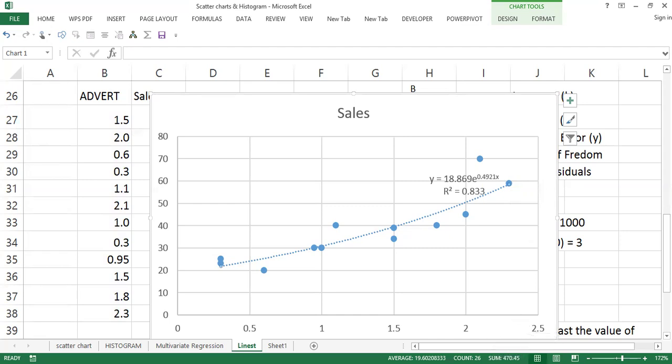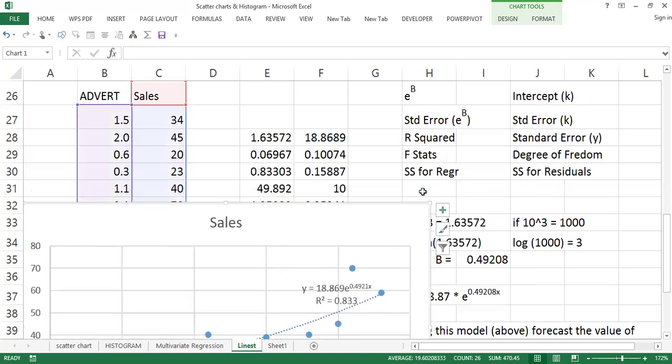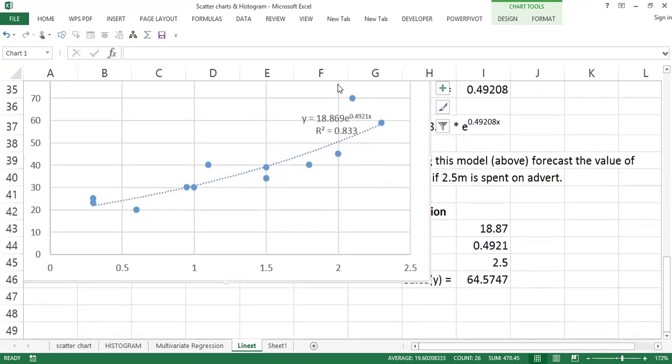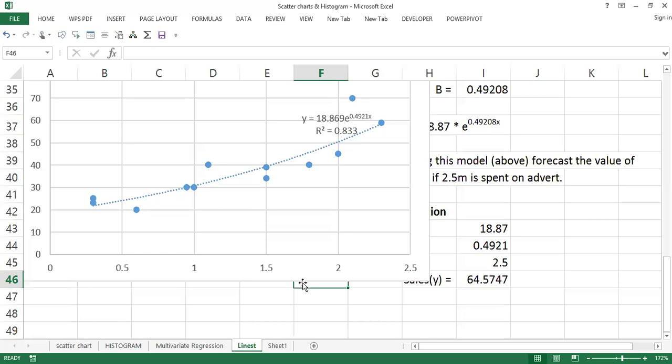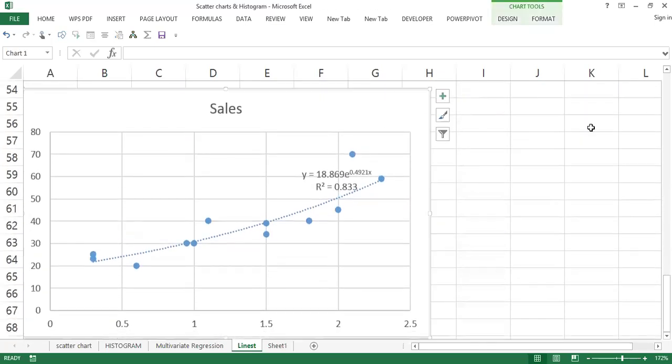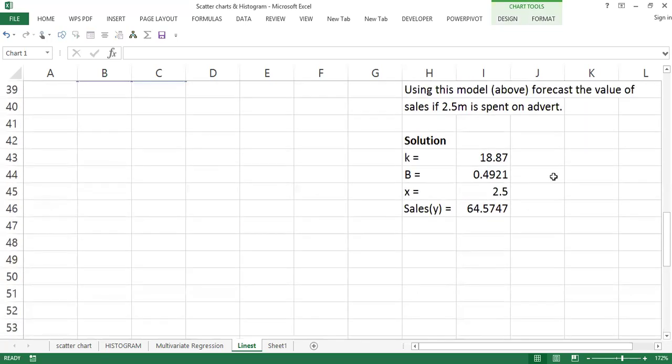And what we got is 64.5. So it makes sense. It's realistic. So that's how we use the Logest and the Linest function.